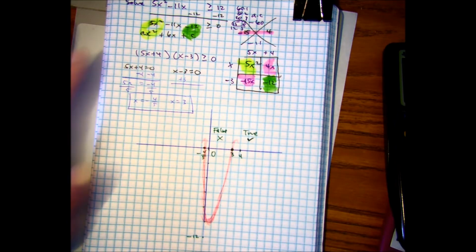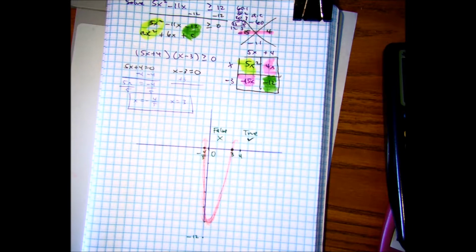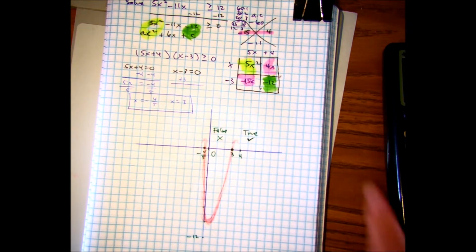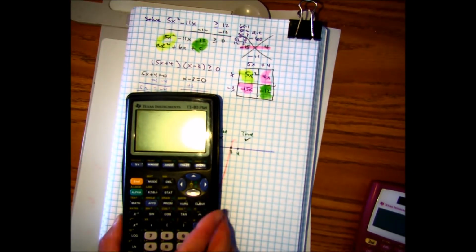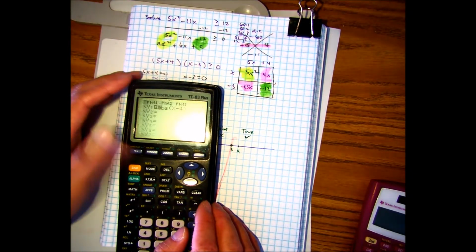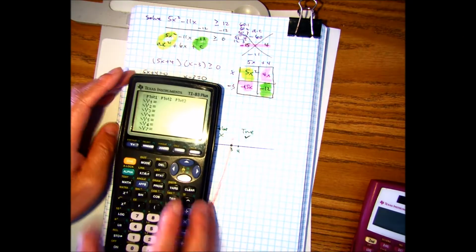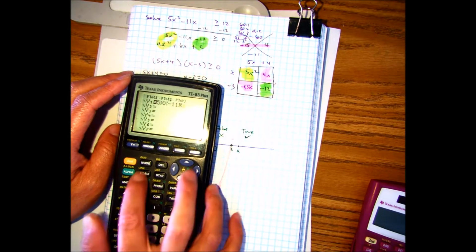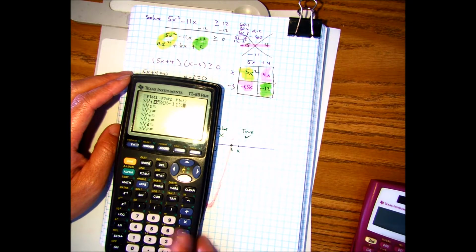Alright, let me show you guys a calculator. Not a trick, but more knowledge. Let's just say you need to evaluate the numbers and it's taking too long. You can just punch it into your calculator. Let's do that. Y equals, press clear. I'm going to type in 5x squared minus 11x minus 12.